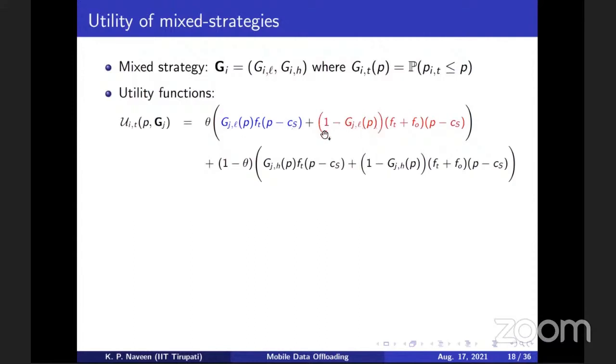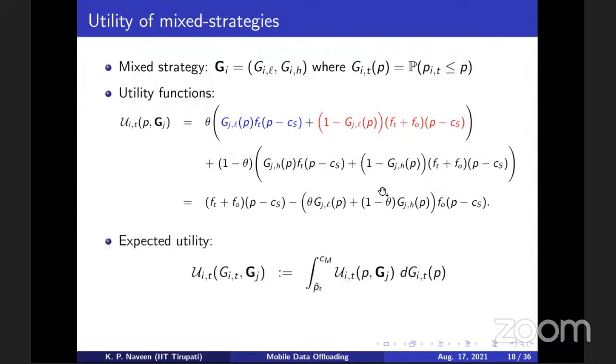This is the probability that the price set by the competing SSPJ is going to be greater than P. When it is greater than my price P, I'm going to get both the overlap as well as the monopoly flow. Okay. So this is a very simple expression here, right? So I can simplify it. Okay. So I have a utility function of this form.